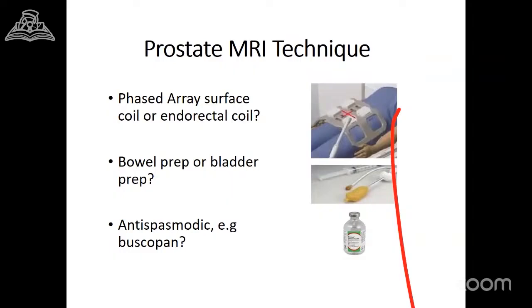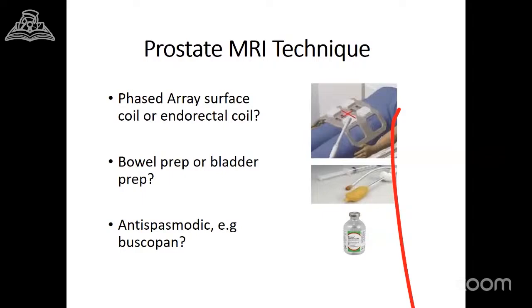So the key aspects of prostate MRI technique include the use of a phased array surface coil, regardless of the manufacturer or the company name of the coil, or we will use an endorectal coil if available. The endorectal coil is the one shown in this picture, and in some hospitals they provide this sort of coil.